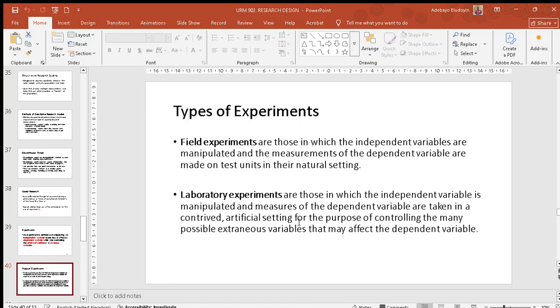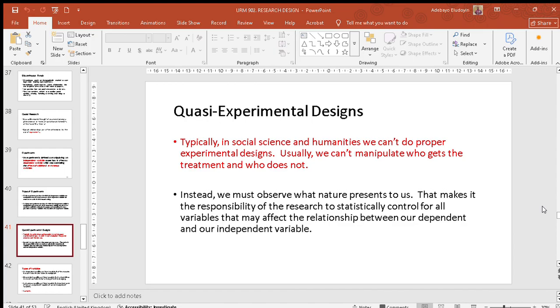For people in physical science, your laboratory might be a cloned area, or maybe a screen house. You can do whatever you want to do in a screen house. For any laboratory, you only set up the environment. It is not a natural environment. So once it's not a natural environment, then it's a laboratory experiment. If you are experimenting in a natural environment, then we might say you're working in the natural environment.